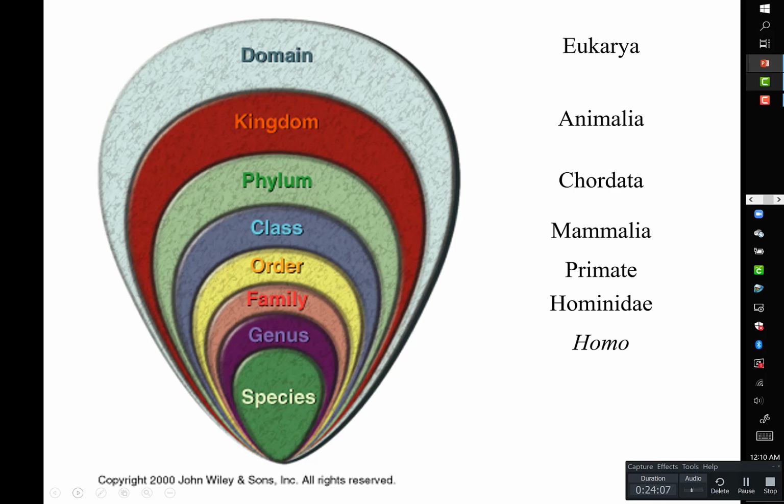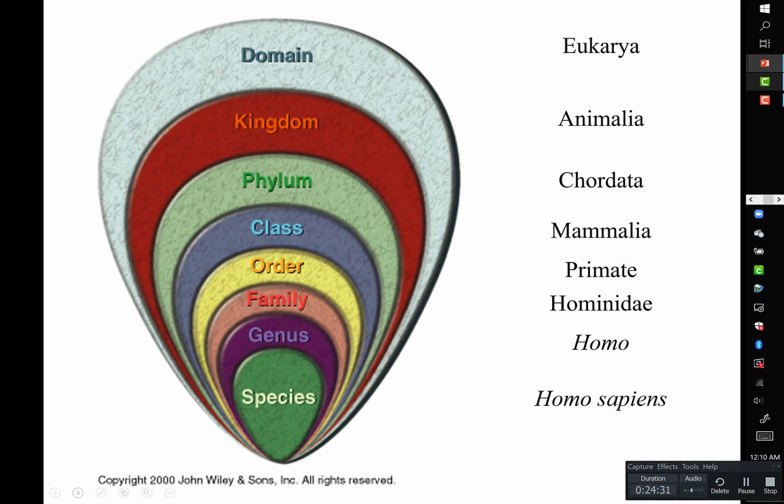Genus would be Homo. If you have learned about this through our history, you might think of different types of Homo that you've heard of: Homo neanderthalensis, Homo erectus, Homo sapiens. What is our species? We are Homo sapiens. So our species is sapiens.